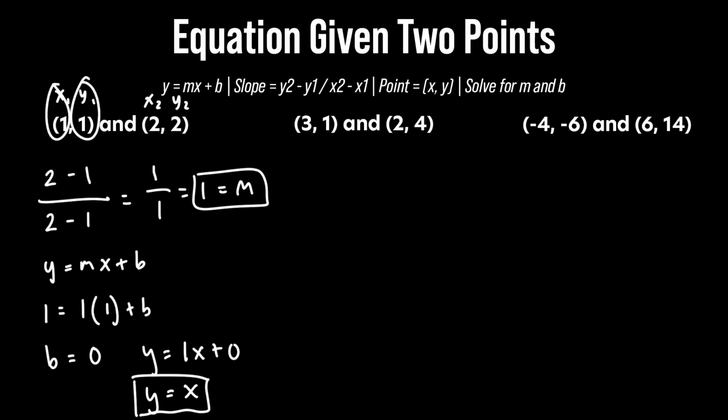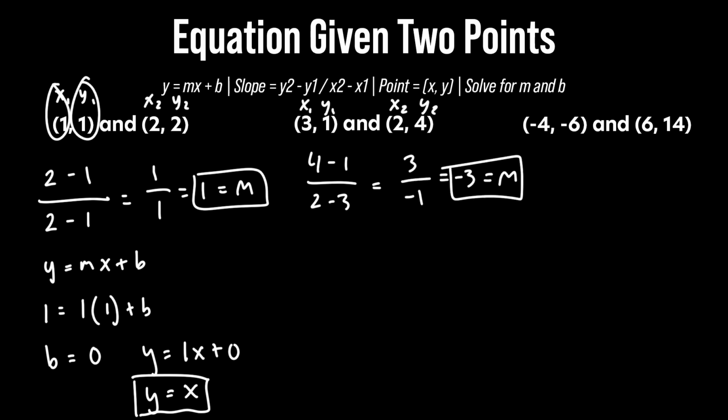Let's try the second one. x1, y1, x2, y2. So it's going to be 4 minus 1 over 2 minus 3. So that's going to be 3 over negative 1, which is negative 3. So we found m. Now we need to find b. So let's plug in all we know. Y is equal to mx plus b. Our y value, we're going to take the first point.